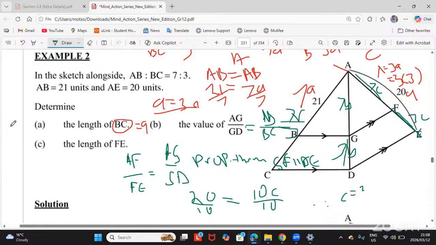Then to solve for FE, the ratio there is 3C. You can say FE is going to be 3 times my C, which is 2. Therefore, that is going to be 6 units. Then you are done just like that with that one.